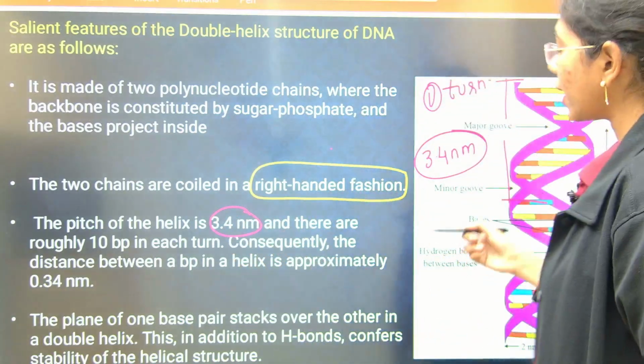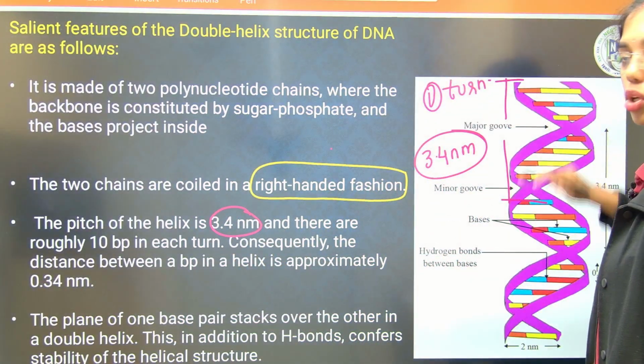Okay, and there are around 10 base pairs for one pitch or one turn of the DNA.